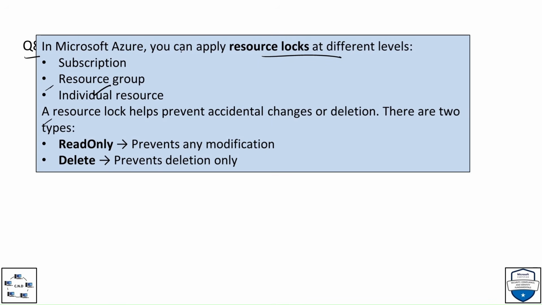So in Microsoft Azure, you can apply resource locks at different levels, for example, at subscription level, resource group, and individual resource level. A resource lock helps prevent accidental changes or deletion. There are two types of resource locks. Number one is read only, which prevents any modification, and the next one is delete, which prevents deletion only.